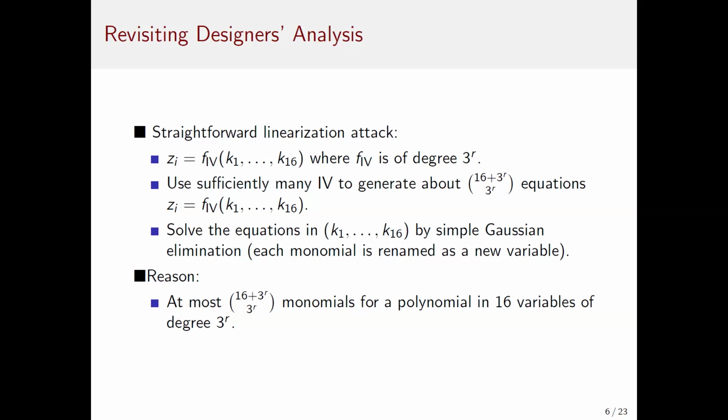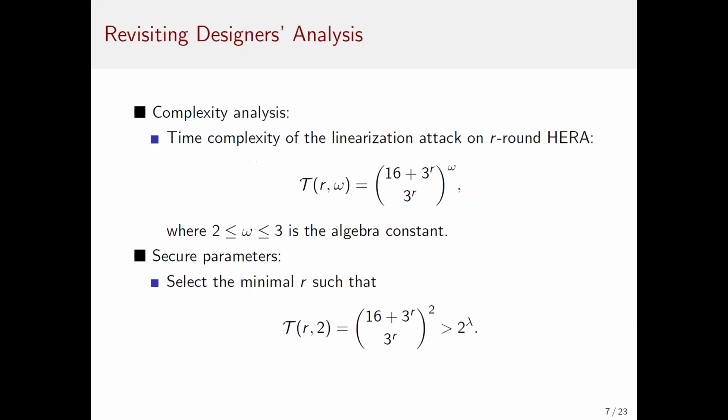Note that for a polynomial in 16 variables of degree 3 to the R, there are at most so many monomials. After we get so many equations, if we name each different monomial with a new variable, then the number of equations is the same as the number of variables, and we can use Gauss elimination to get the solution of the key variables.